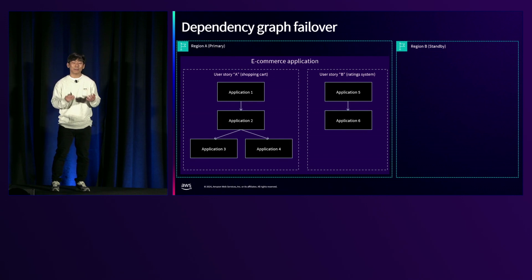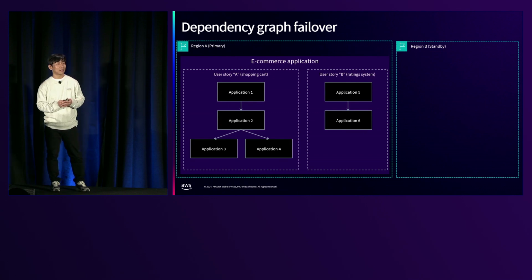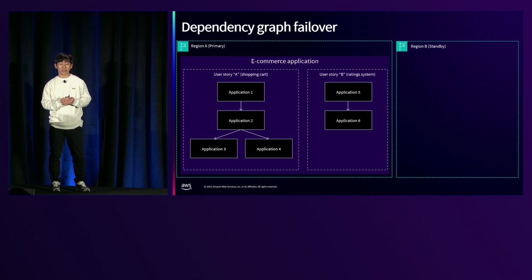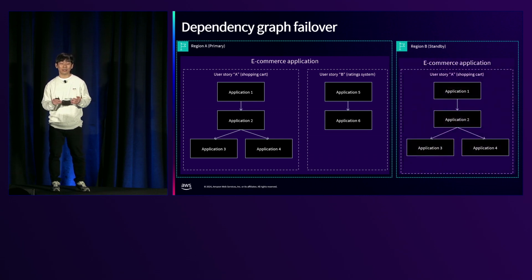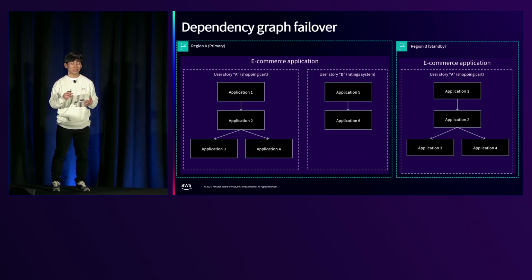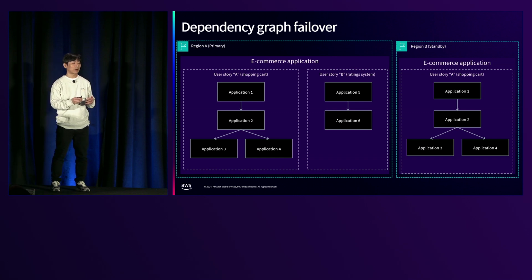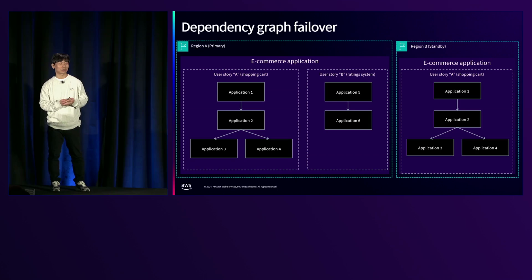To address the complexity of the previous strategies, you can build dependency graphs so that all interactive components fail over together. By keeping the connected applications that support a specific user story together, this reduces latency, complexity, and avoids the varying performance behavior we saw with other strategies.